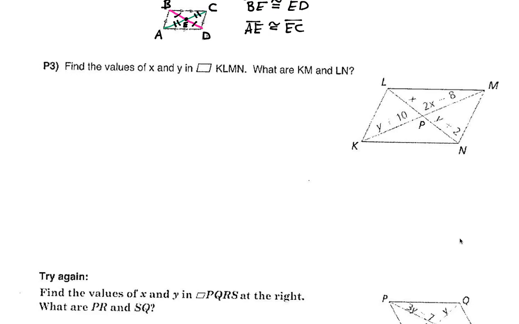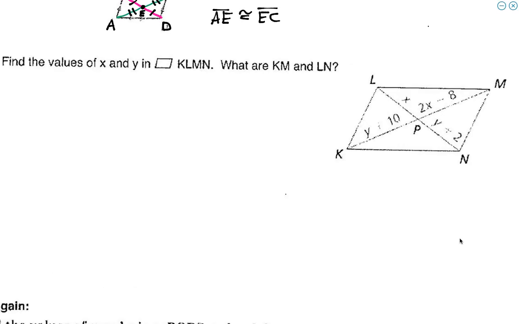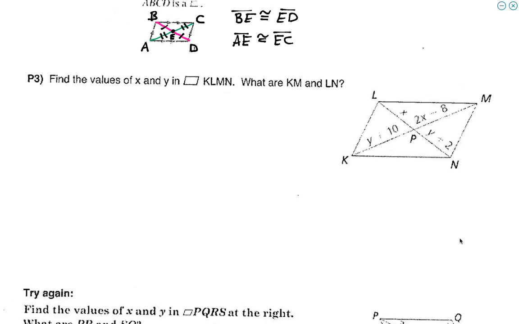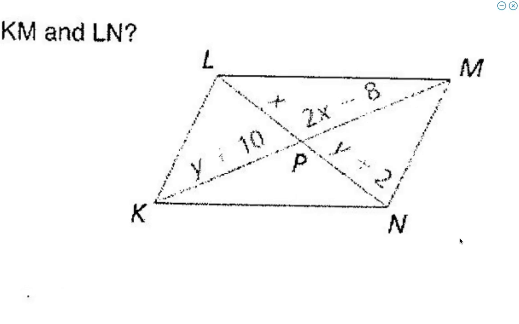All right, so this is going to lead us to some algebra problems, and the algebra problems are going to be a little bit more involved than they have been. So we have this parallelogram here. We have y plus 10. We have x. We have 2x minus 8.